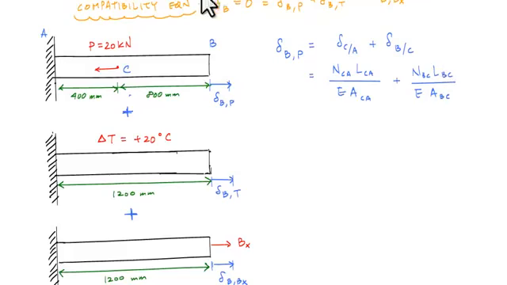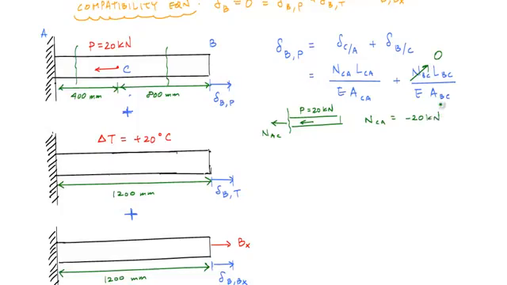And what I do know is if I make a cut right here, and I look at the right side of my free body diagram, I'm going to find that this internal normal force is 0. And then if I make a cut here, and I look at the right side of my free body diagram, which I will do very quickly right here, I will find that from equilibrium, N_CA is equal to negative 20 kilonewtons.